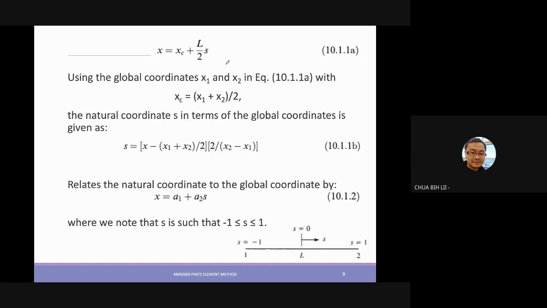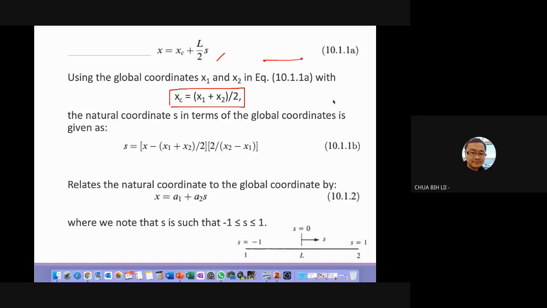Based on that idea, we can also get the centroid by taking the average of the two nodes. So the computer only has to get it one time, then it can take the average to form the transformation matrix.